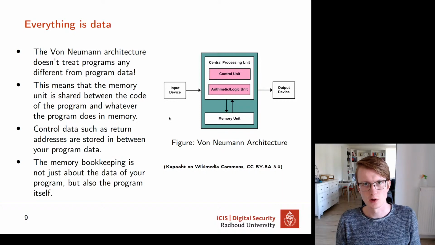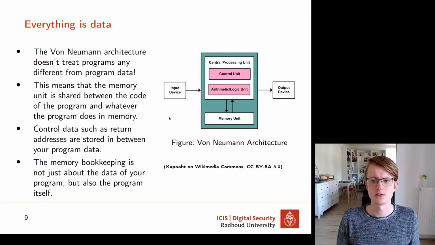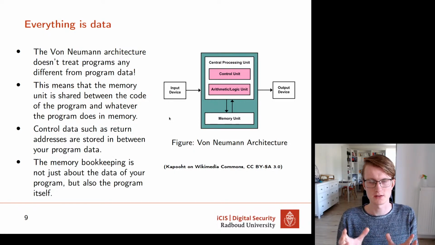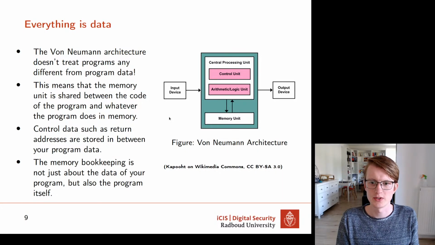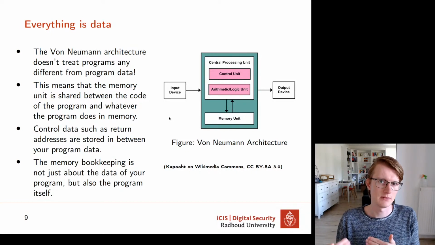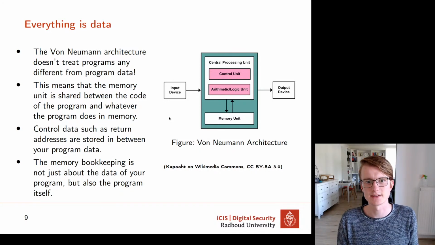Similarly, the source code for your program is also in your memory space of your process. So you're not just doing this memory bookkeeping with malloc, etc. That's not only for data, but usually in the background that same thing is being done for the memory that's allocated for the source code of your program.